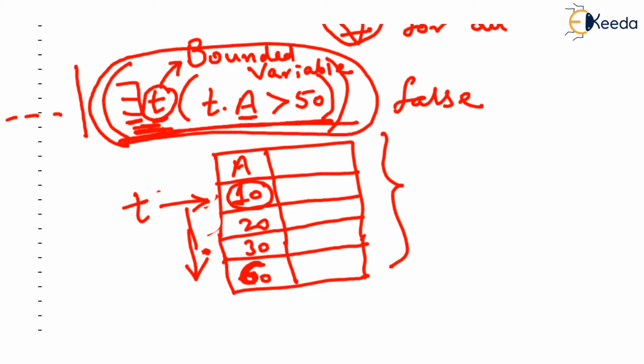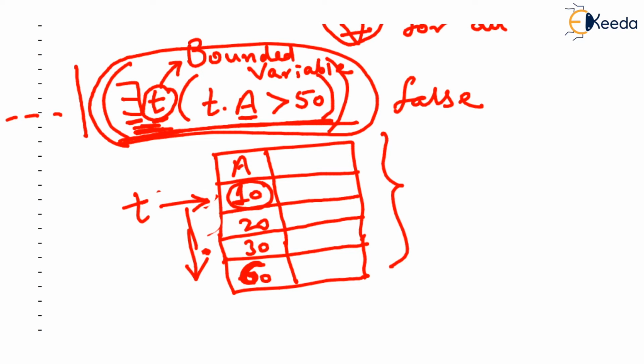So it is not a variable where the decision can be made on the basis of one tuple. Such variables which are associated with a quantifier are called bounded variables because the decision can be made only after checking the entire relation, the entire list of rows or list of tuples.